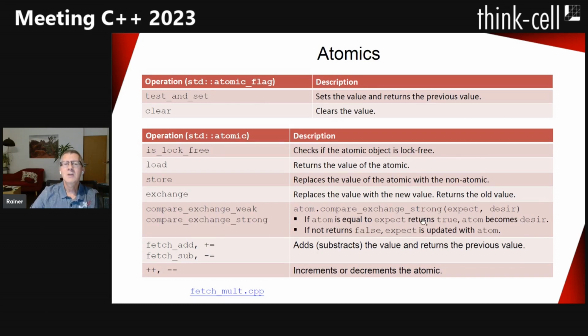If both are equal, you in the same atomic operation update atom with desired and return true. When atom is not equal to expected, meaning the expectation of the atomic changed in the meantime, you update expected with the current value of atom in the same atomic operation, and you return false.